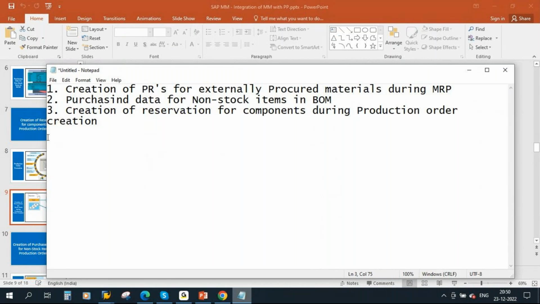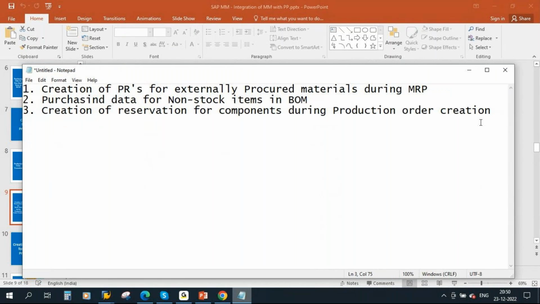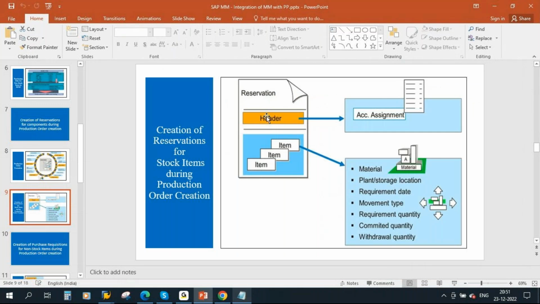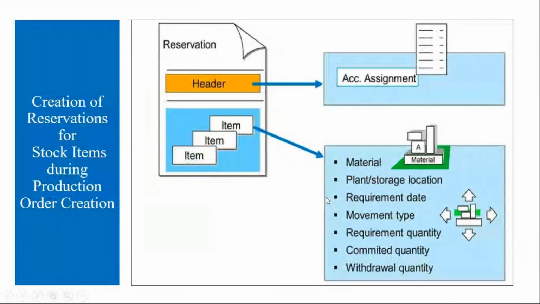If you recollect our reservation classes, we created reservations manually using MB21. But in the PP module, when they create a production order, for the BOM components it will automatically create a reservation.